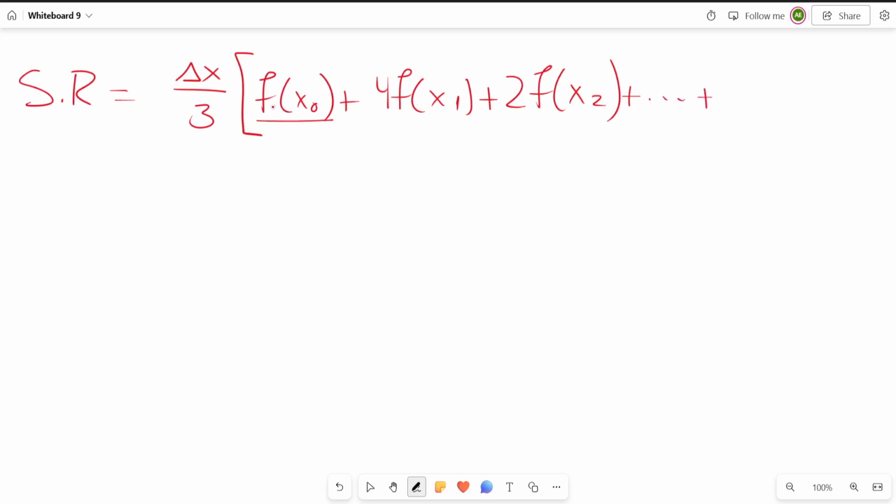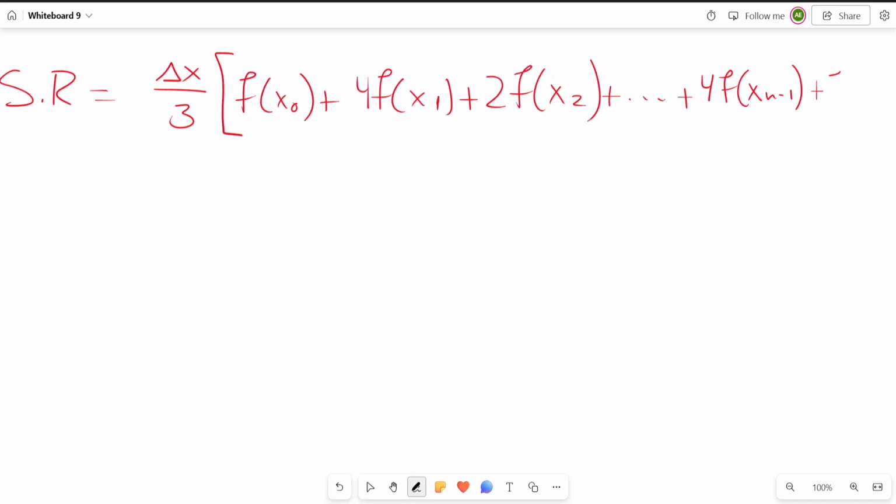So the first term has no coefficient, okay? The next term is 4, and we keep alternating 4, then 2, then 4, then 2, until we reach the one just before the last term. It's going to be 4 times f of x n minus 1, and then plus the last term, similar to the trapezium rule, it's just f of xn.